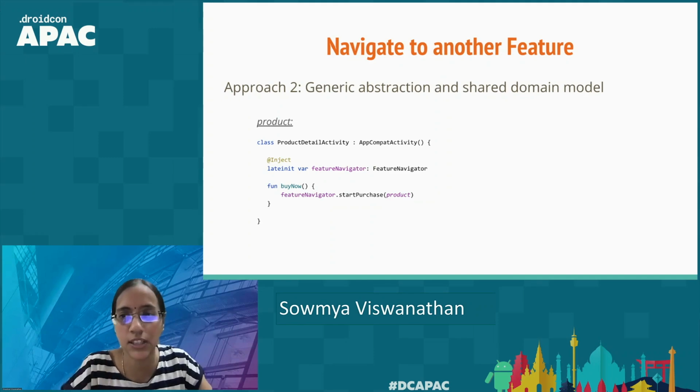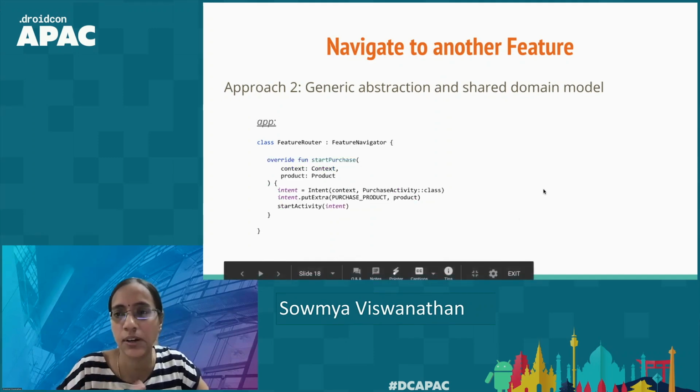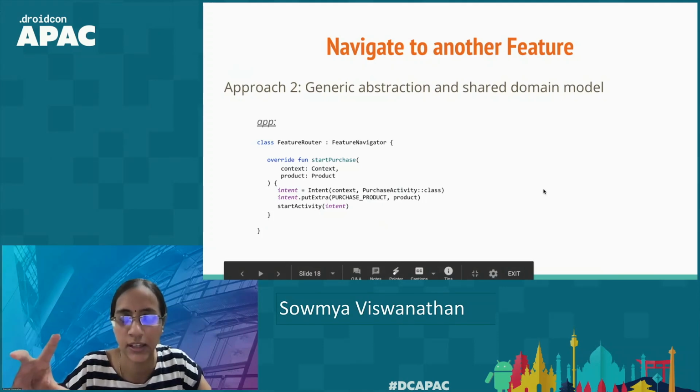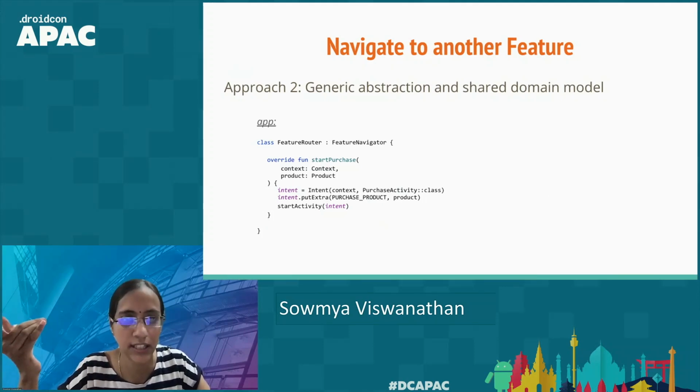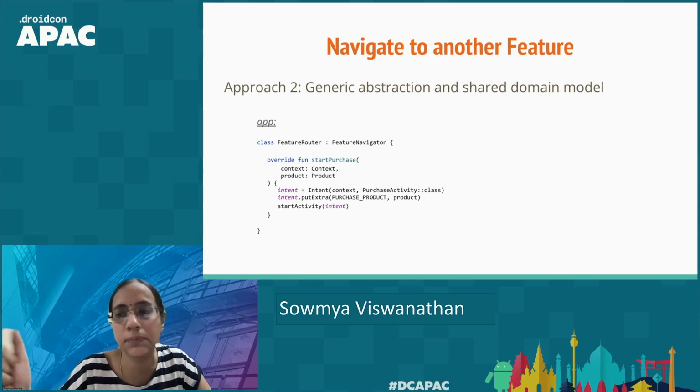But for the purchase to understand what is being sent, someone has to orchestrate this whole thing. Again, if we go back to our architecture diagram, the app is an orchestrator for us. So in the app, we provide an implementation for our navigation, called the feature router here, which takes in the product that is sent. It creates the intent and sends it to the purchase activity.